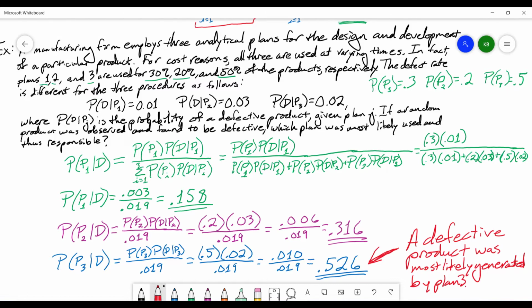And I can do this because I have all of these conditional probabilities now. The probability that plan 1 was used given it was defective is 0.158. The probability that plan 2 was used given that it was defective is 0.316. And the probability that plan 3 was used given that it was defective is 0.526. So since the probability is highest that plan 3 was used given it is defective, then that is the one that we assign as the most likely culprit.